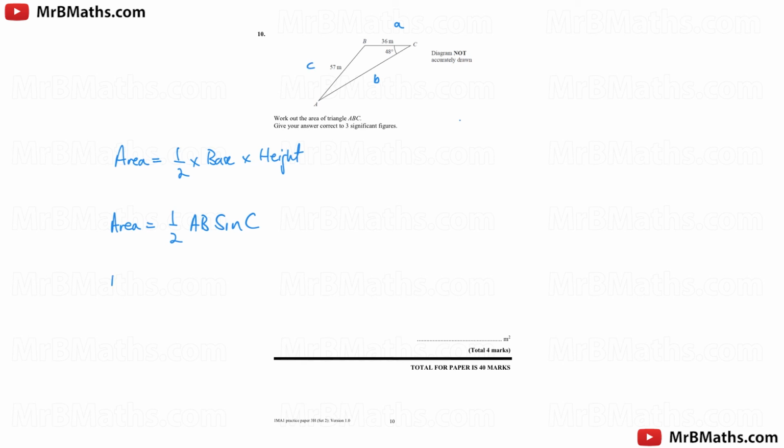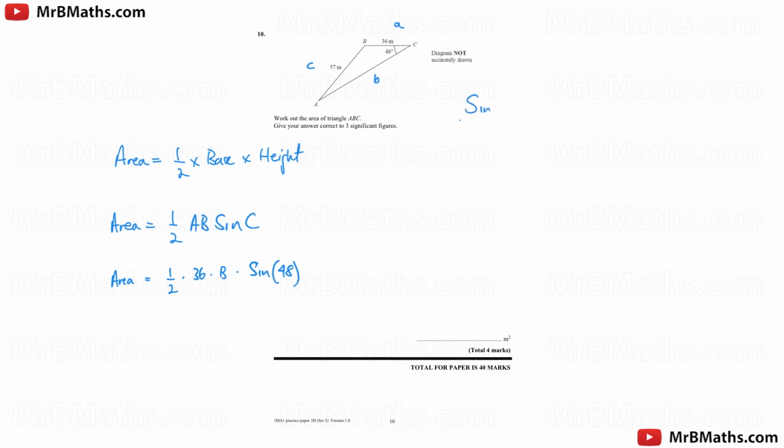So if we look at this formula, we then substitute the values in. Area equals half times the value of a, 36, times the value of b, which we don't know, times sine C, sine 48. So we now need to find b. So in order to do so, we need to use the sine rule.